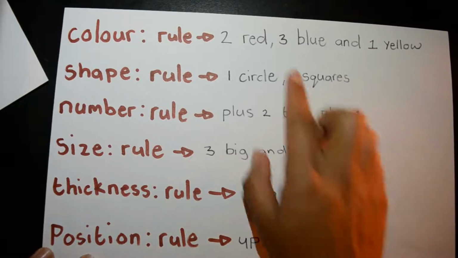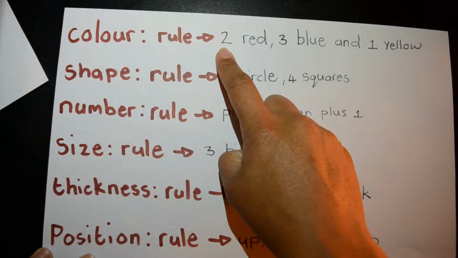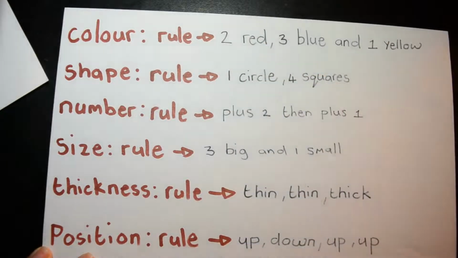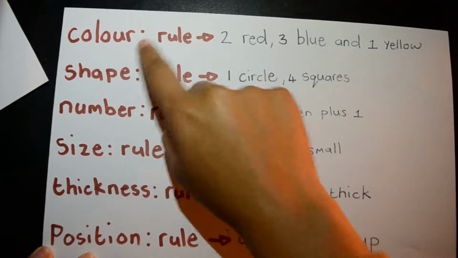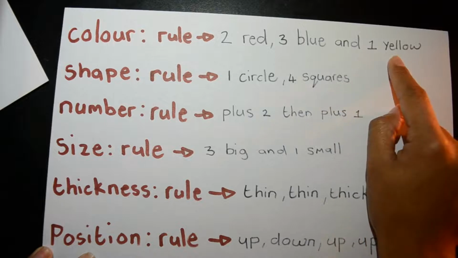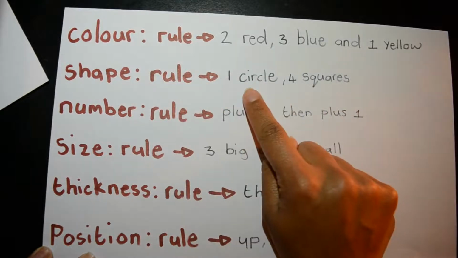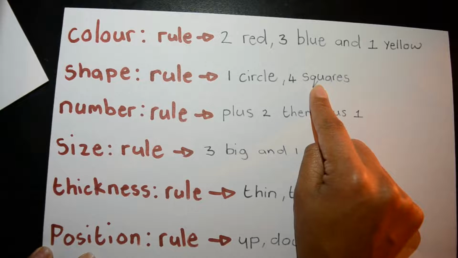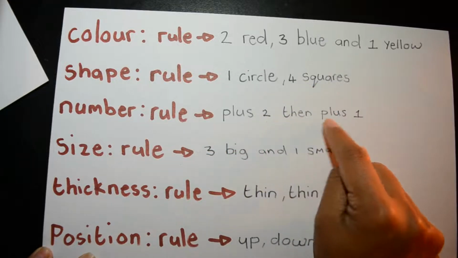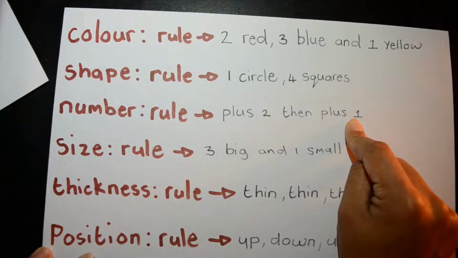So I'm gonna read the rules for you, and you need to do the pattern over and over. Okay, at least 2 or 3 times. So color. Rule is 2 red, 3 blue, and 1 yellow. Shape. 1 circle, 4 squares. Number. +2, then +1.